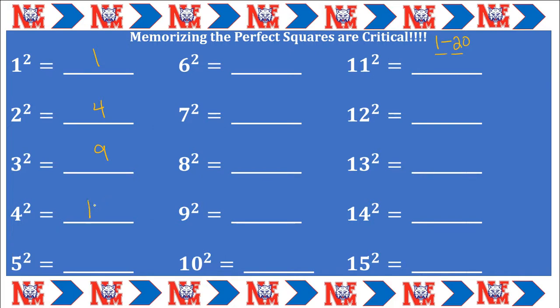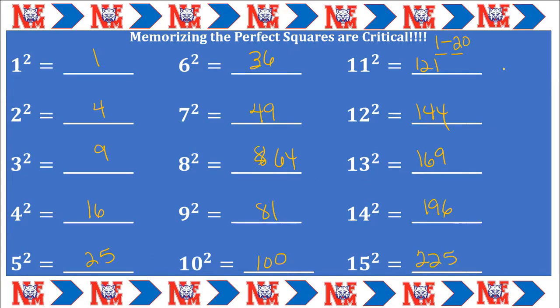Okay, so 4 squared is 16, 5 squared is 25, then we have 36 is a perfect squared number, 49, 64, got ahead of myself, 81, we have 100, we have 121, 144, 169, 196, 225, and then I'm just going to go ahead over here, and 16 squared is going to be 256.